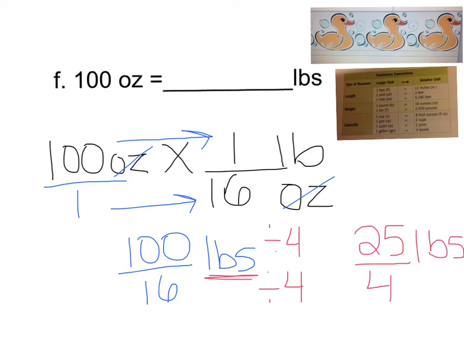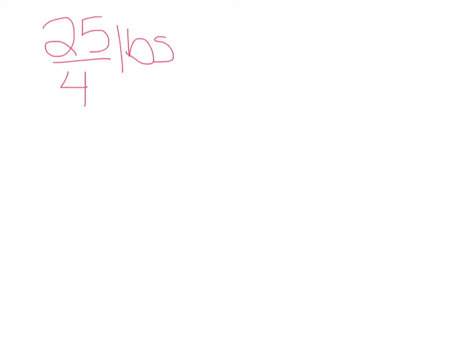Now, 25 over 4 is reduced, but is it completely simplified? I think we can make it into a mixed number. Let's make 25 over 4 pounds into a mixed number. Remember to do this, we want to break 25 into numbers that we know work evenly. So, we can break up 25 into 4, and 4, and 4, and 4, and 4, and 4, and 1.